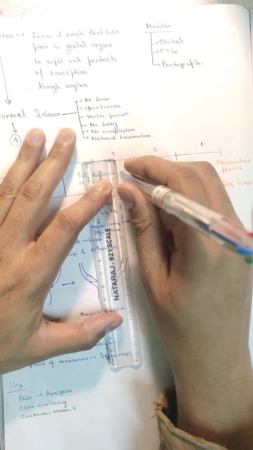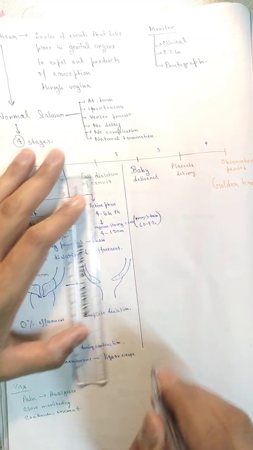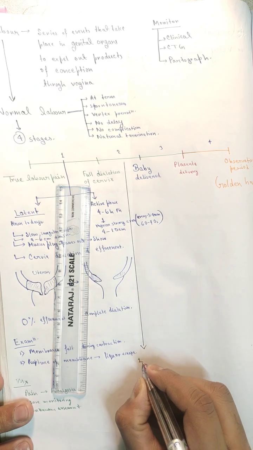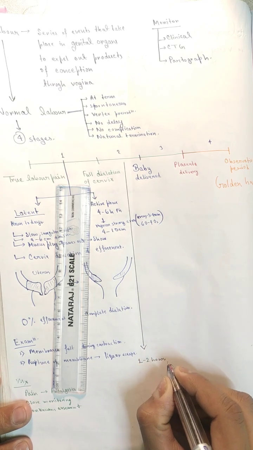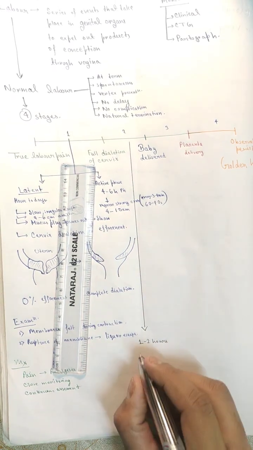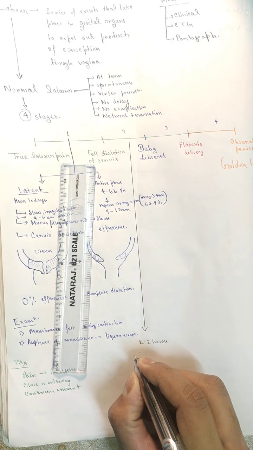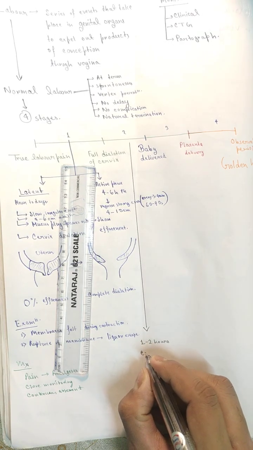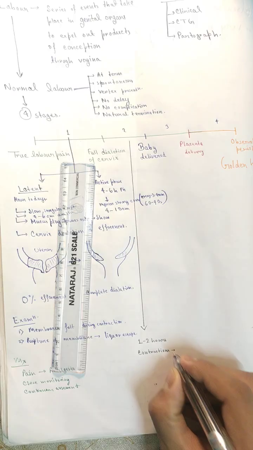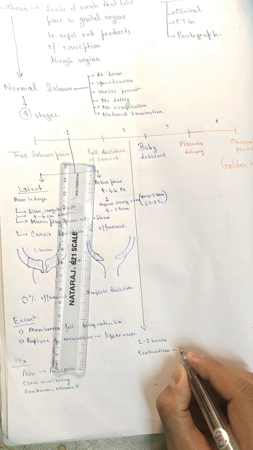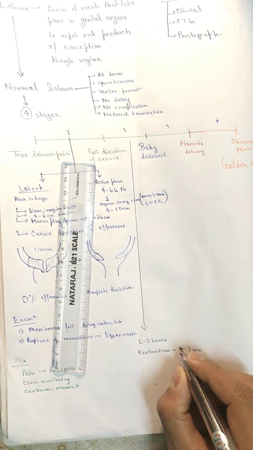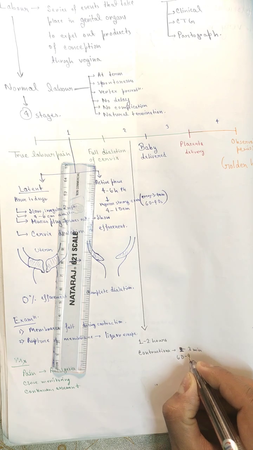Now let's talk about the second stage, that happens for 1 to 2 hours. Here contractions are stronger, every 2 to 3 minutes for 60 to 90 seconds.